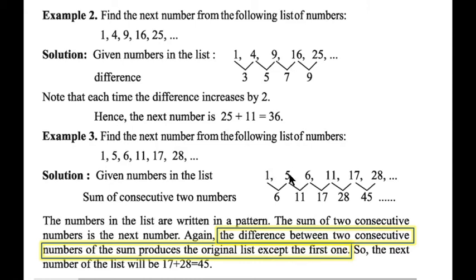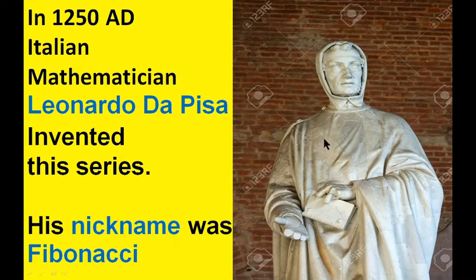If we add the first two consecutive numbers, the summation of the first two consecutive numbers is the next number, it will be a Fibonacci number. In this picture, we can see a sculpture of a mathematician, and his name is Leonardo da Pisa.